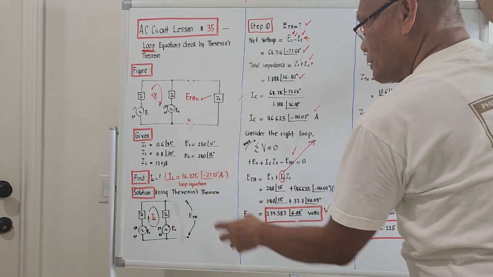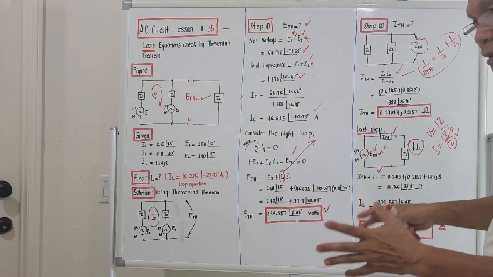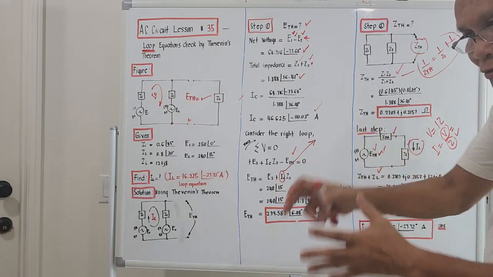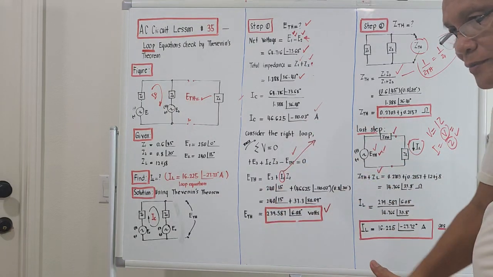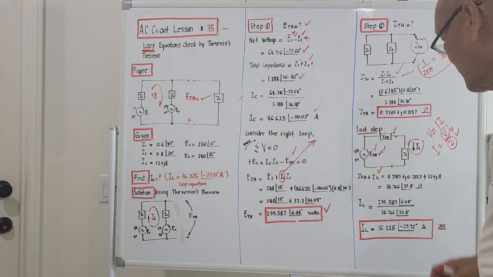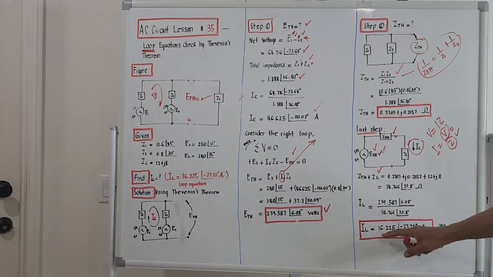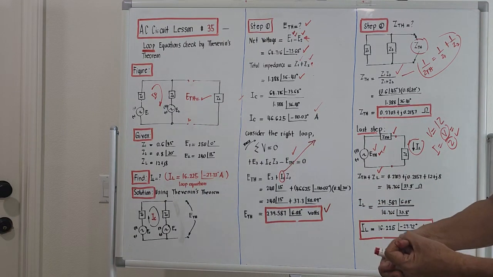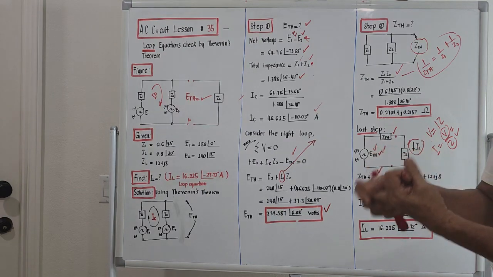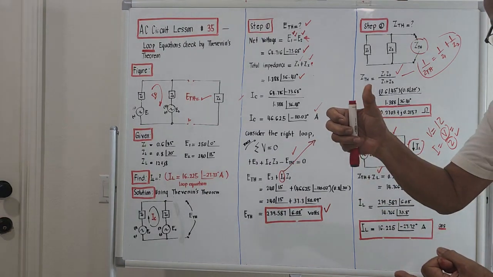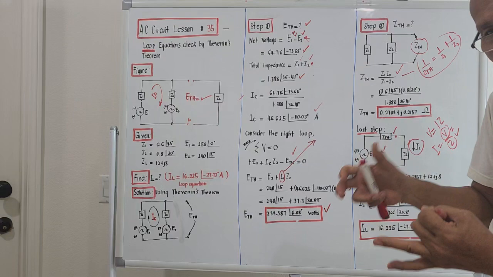Our topic for tonight is that we are checking the loop equation solution by using Thevenin's theorem. And what comes out for Thevenin's theorem is the same: 16.225, angle negative 27.72 degree amperes. Hallelujah. Both the loop equations and Thevenin's theorem solutions are very good. We are in good standing.